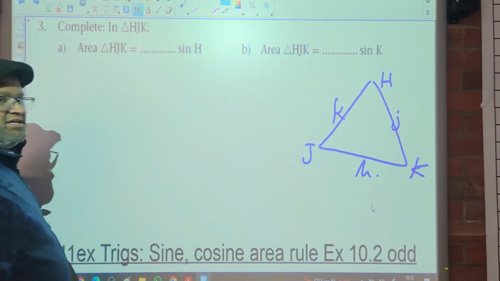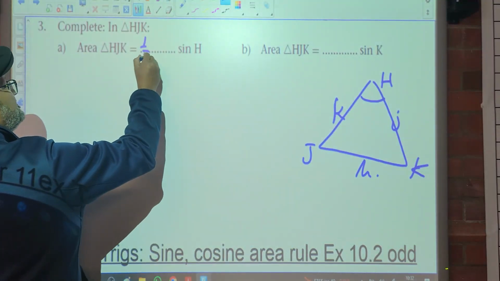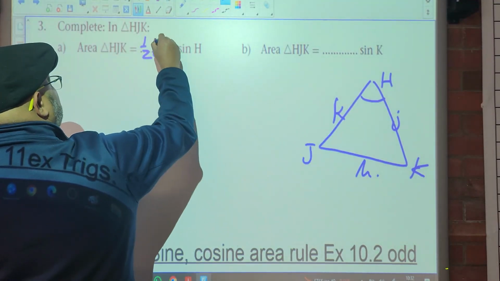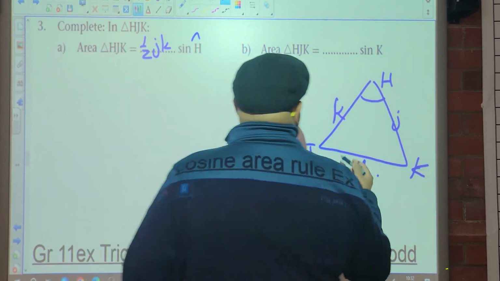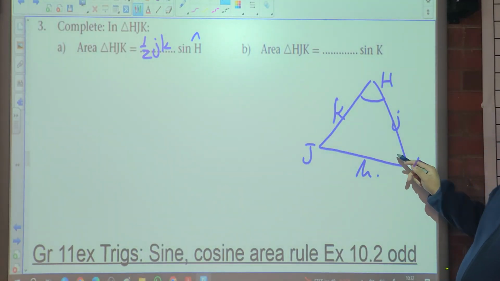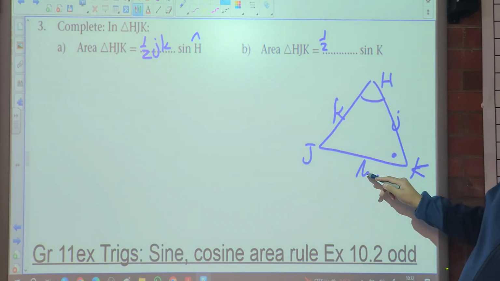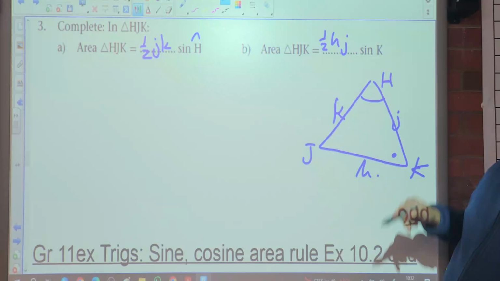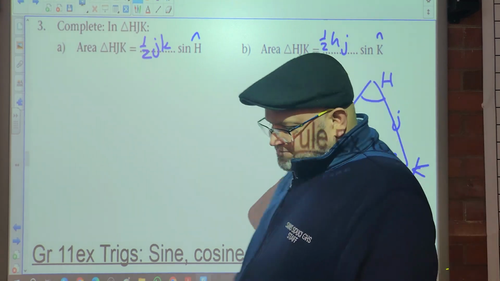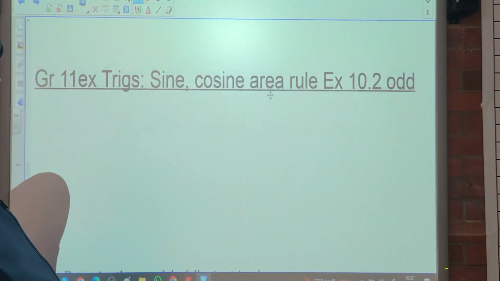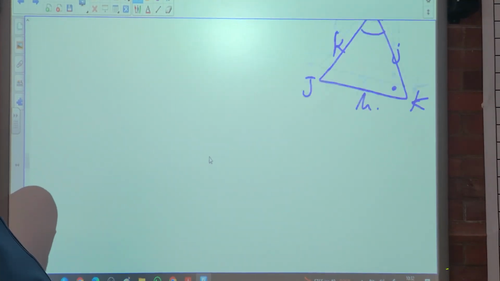Alright, so if you got angle h, it will be a half kj or jk sine of angle h. And same triangle, if you got angle k, it will be half jh, it's hj sine of angle k. Very simple, no?